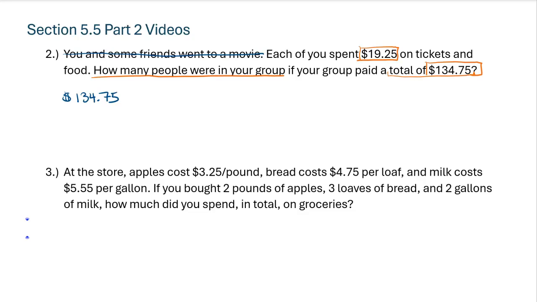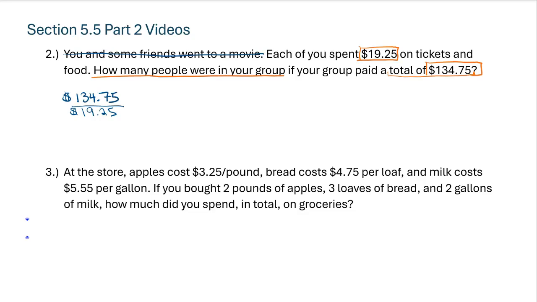So the whole amount spent was $134.75. The part that each person paid was $19.25. That means if I run division, it's going to give me how many people were there, because basically I'm saying, how many times do I add $19.25 together to get to the total?